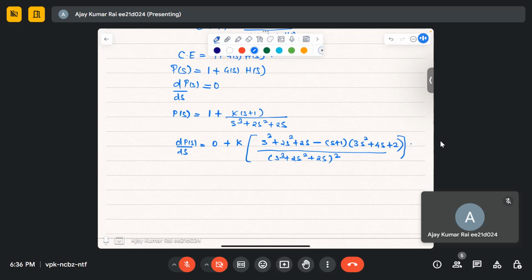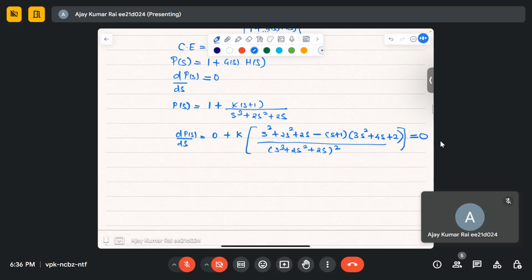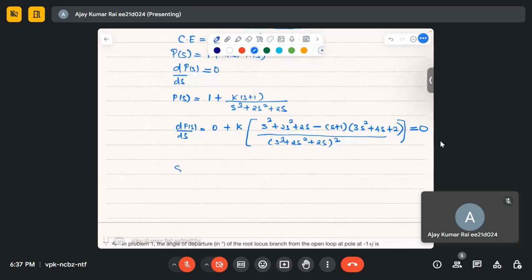We have to equate this to 0, so you have to put the numerator equal to 0. So you are left with (s cube plus 2s square plus 2s) minus (s plus 1)(3s square plus 4s plus 2) equal to 0.